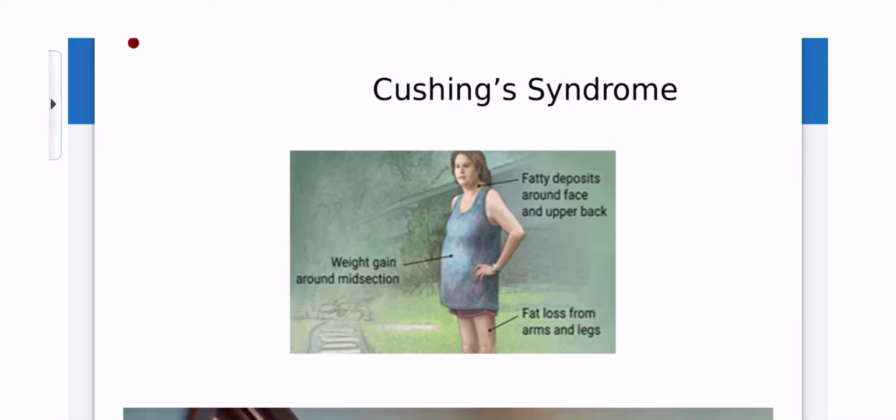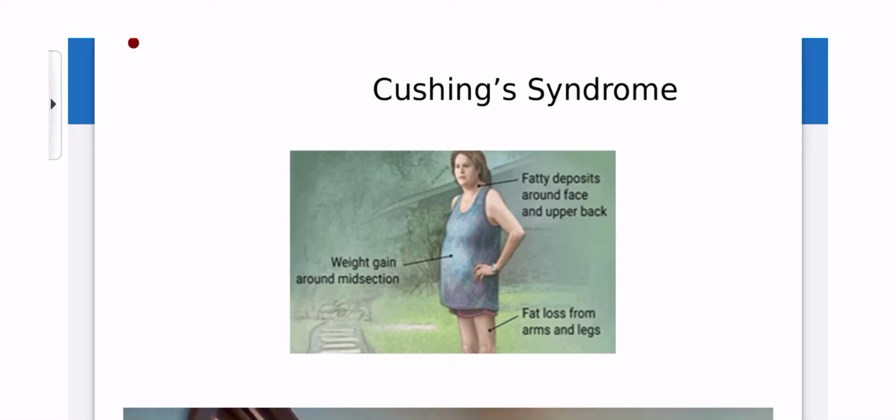This is a result of too much ACTH, the adrenocorticotropic hormone. If there's too little ACTH, the problem is Addison's disease, lack of steroids.